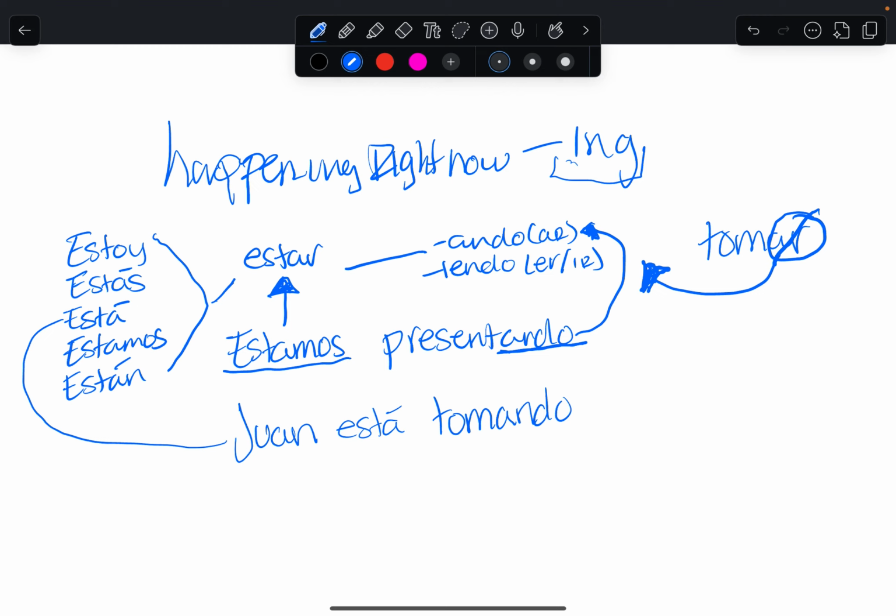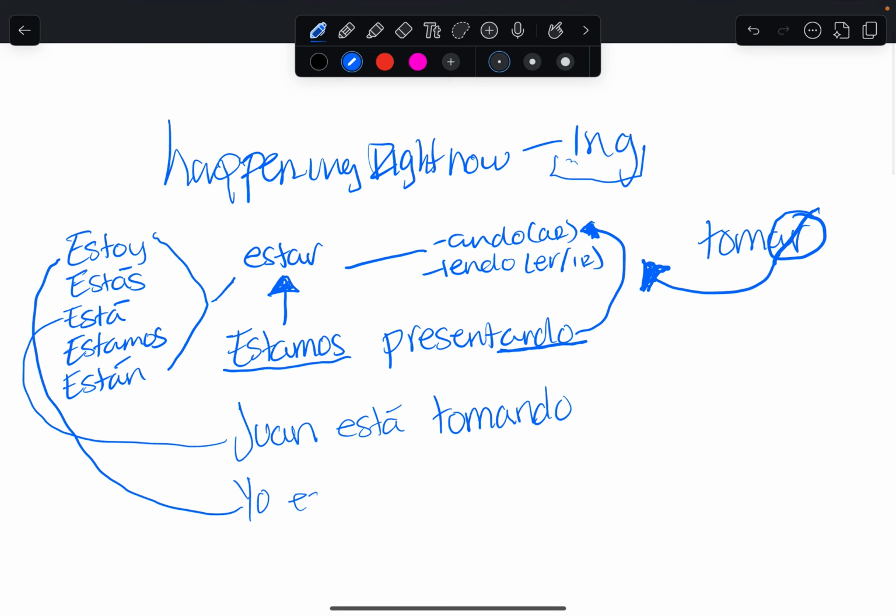So let's try another one. Let's say I am. So yo, this would be estoy comiendo. This is the yendo, where the original verb is comer. You drop the ER and then you add yendo. Yo estoy comiendo. I am eating.